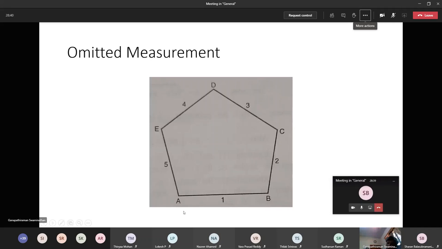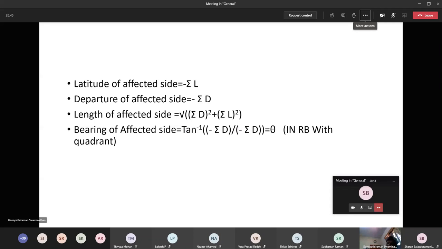So the length of the affected side is the square root of sigma D square plus sigma L square, because when you square the minus, you get a positive only.